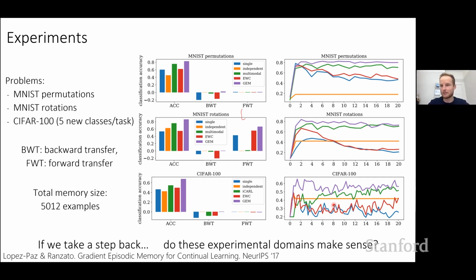In the case of MNIST digits, probably you could store all of the data set, all of the data that you see, in its entirety. You don't necessarily need a little bit of memory that is constrained in size. It's very easy these days to have access to the entire data set. So it's often quite tricky to come up with the right experimental setting that has the same assumptions that you had at the very beginning when developing this method. So that's something to keep in mind as well.